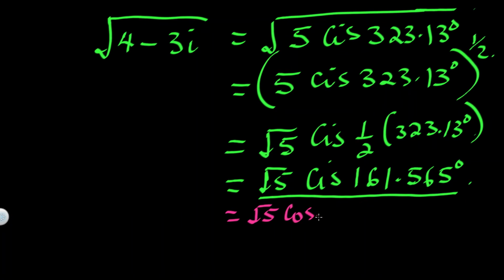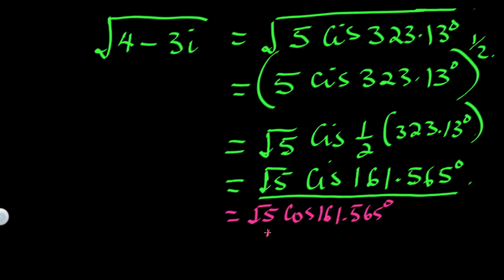It means root of 5 cos 161.565 degrees, plus root of 5 i sine 161.565 degrees. Now let me write it clearly.